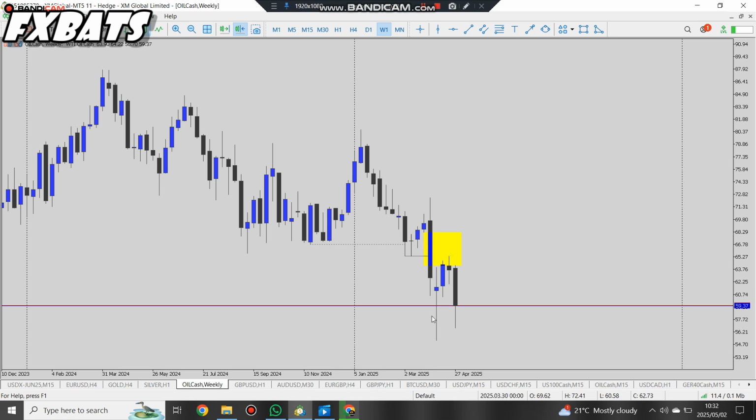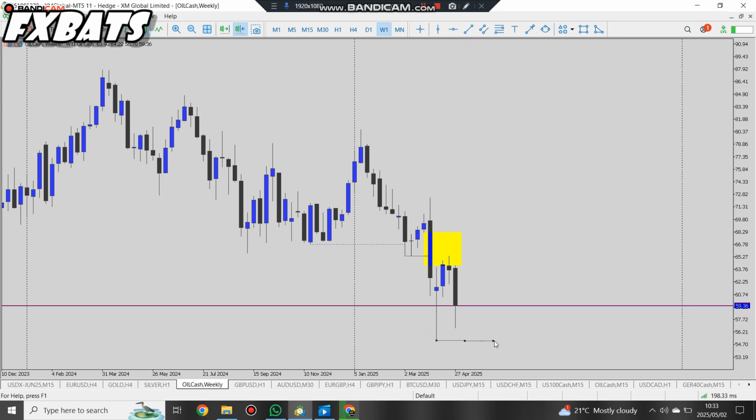What did we see? Order flow leg, when price broke structure on weekly here. I'm not analyzing on weekly, I'm just giving you a clear view. It broke structure as we see. It made a new low, then it retraced back. This is the confluence which is likely to push oil towards the previous lower low.